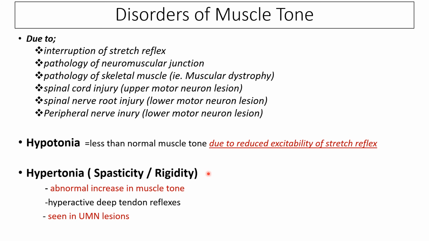But these are all representative of hypertonia: spasticity, rigidity, hyperactivity of muscle tone and deep tendon reflexes. That's representative of upper motor neuron lesions. Hypotonia is associated with lower motor neuron lesions.